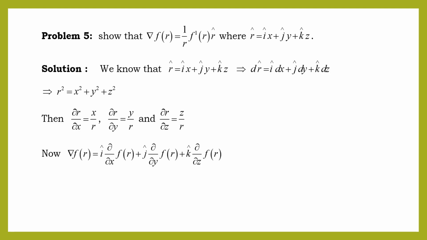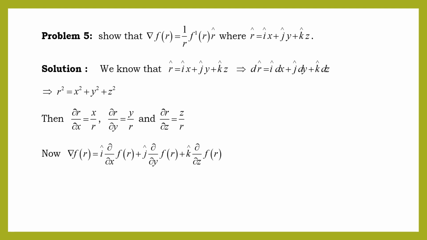Problem number 5. In this problem also, we need to prove a formula: ∇f(r) equals (1/r) f'(r) r. To prove this formula, let us consider r equals i x plus j y plus k z again.